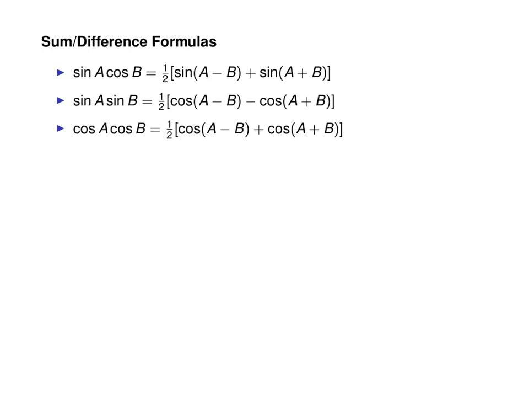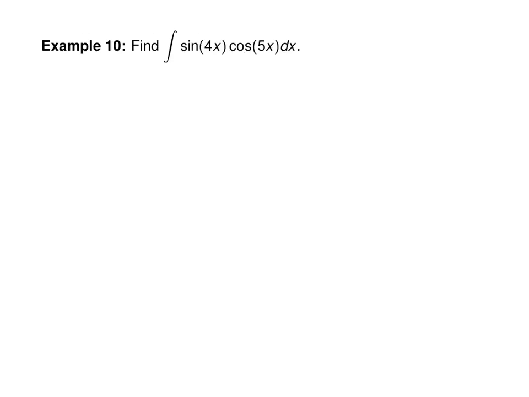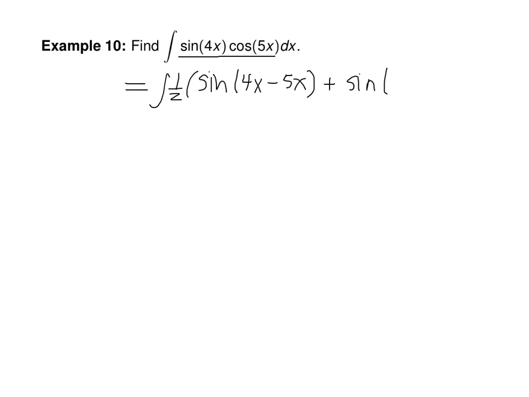So here we go. So we have the integral of sine of 4x times cosine of 5x. So for that, we will use the first formula, and that says that the integrand, this sine of 4x cosine 5x, is equal to 1/2 times sine of 4x minus 5x plus sine of 4x plus 5x.